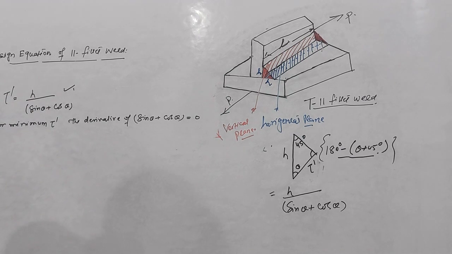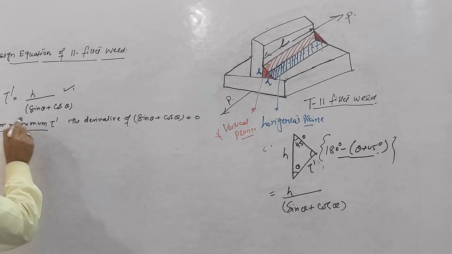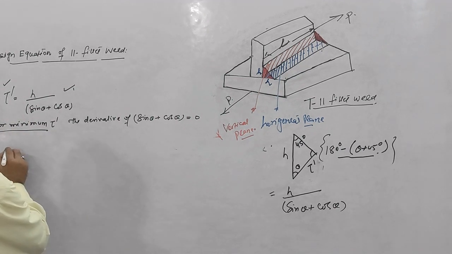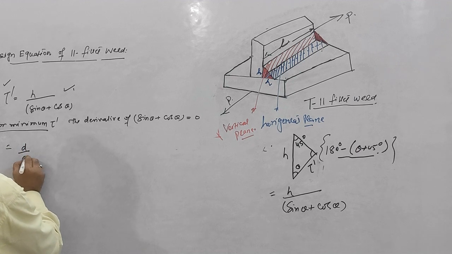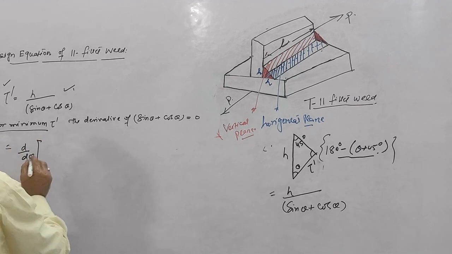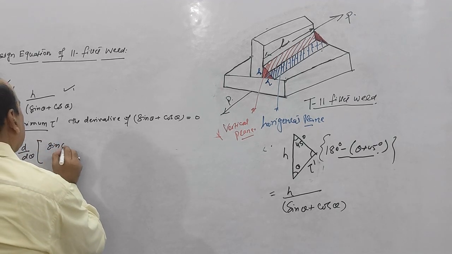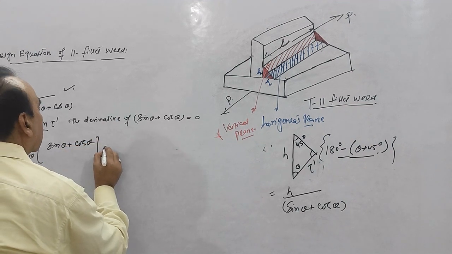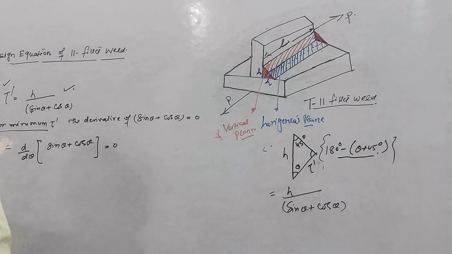In maxima and minima you must have studied this: to minimize T dash, sin theta plus cos theta should be taken to its extremum, so the derivative of sin theta plus cos theta should be equal to 0. Therefore, d by d theta of sin theta plus cos theta is equal to 0, right?